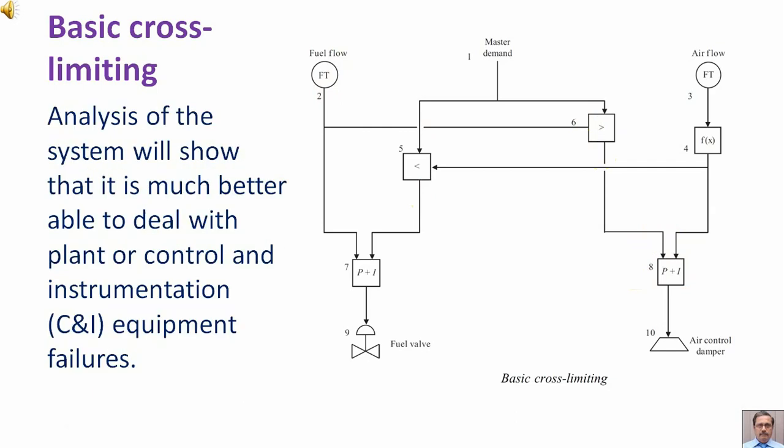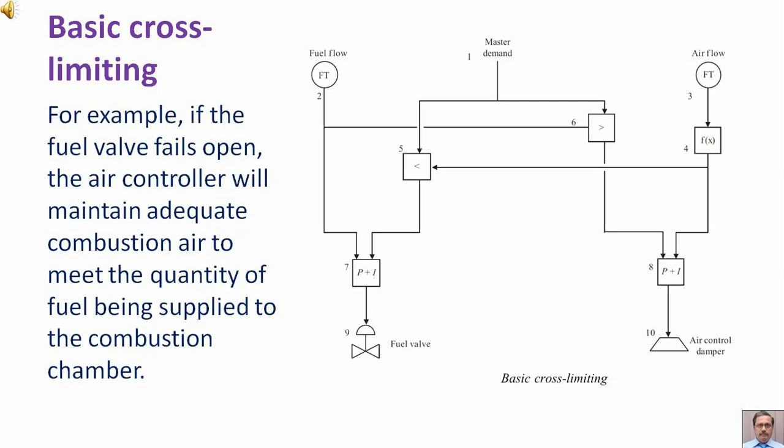Analysis of the system will show that it is much better able to deal with plant or control and instrumentation equipment failures. For example, if the fuel valve fails open, the air controller will maintain adequate combustion air to meet the quantity of the fuel being supplied to the combustion chamber.